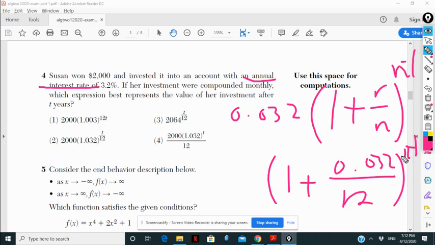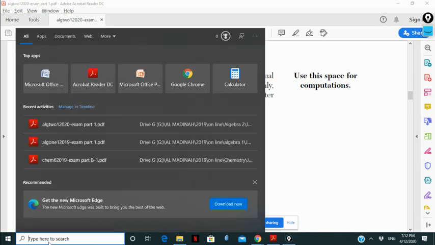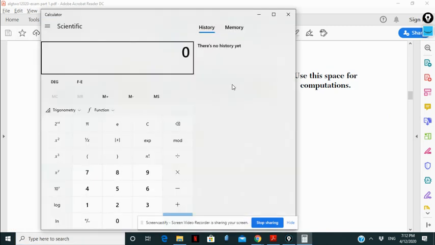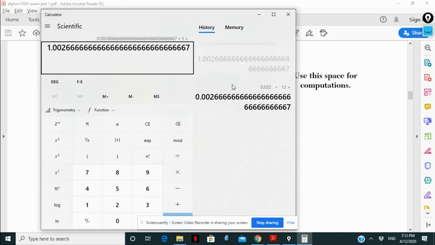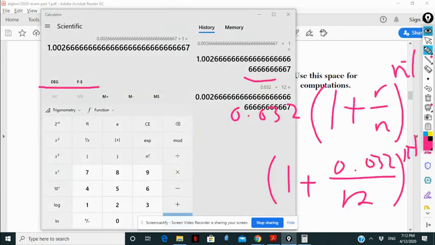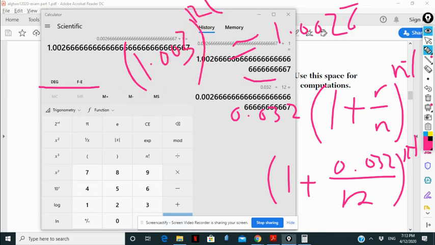Now, if we do that part, 0.032 divided by 12 plus 1 is almost 1.0026, which when I round it becomes 1.003, to the power 12t.